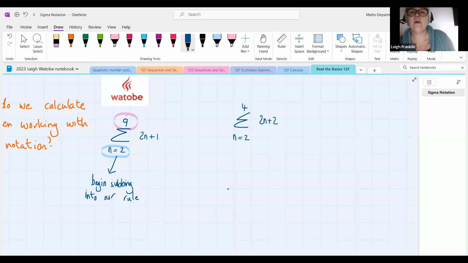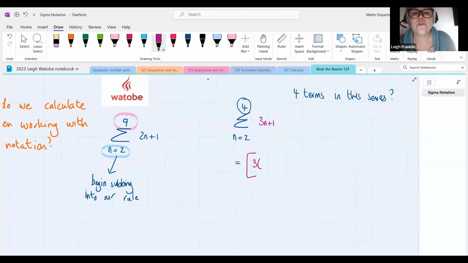Now, if you are telling me this is the number of terms, you are saying potentially that there are 4 terms in this series. Okay, have a look at this. In order to create the first term of the series, we have to sub 2 into the rule. Let's use other numbers. Let's make our rule 3n plus 1. So our first term is going to be 3 times 2 plus 1.